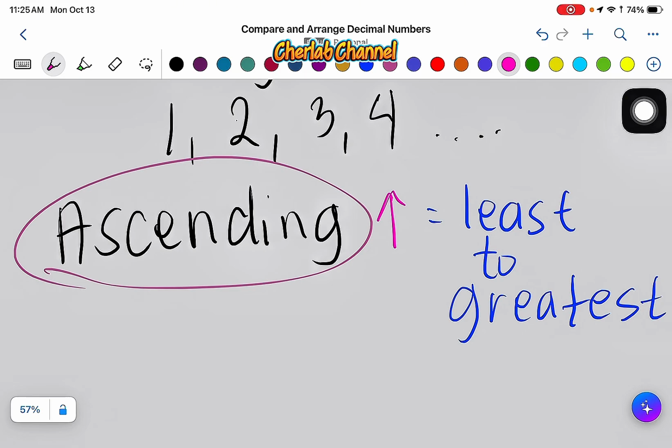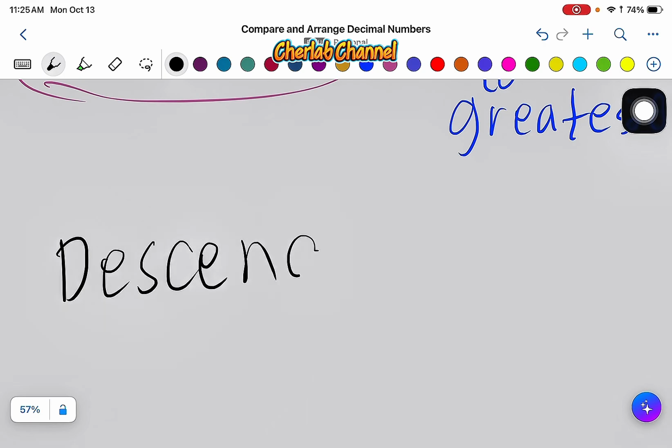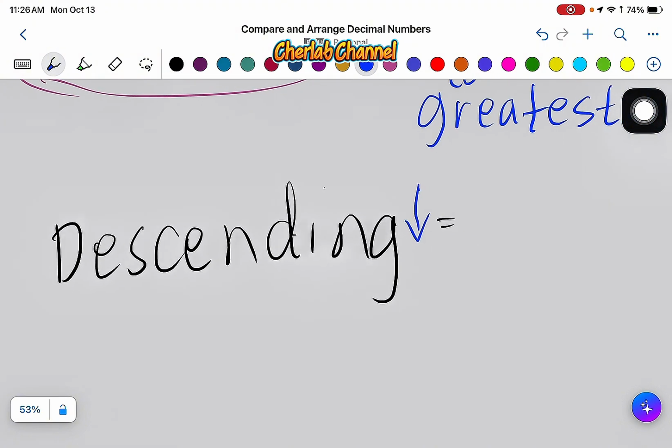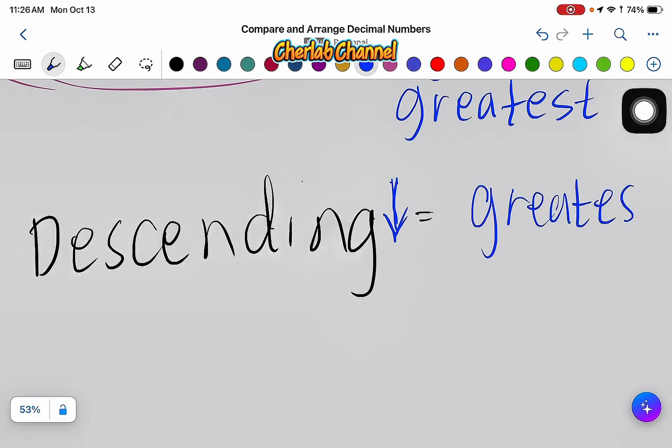And the opposite of ascending starts with letter D. This is what we call descending. Okay? Mula sa langit, bumagsak sa lupa, una mukha. Joke lang. So if this is the rocket, from the sky papuntang lupa, which means from the greatest to the lowest.